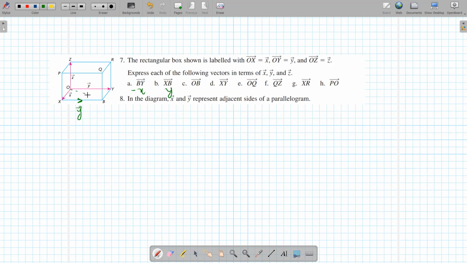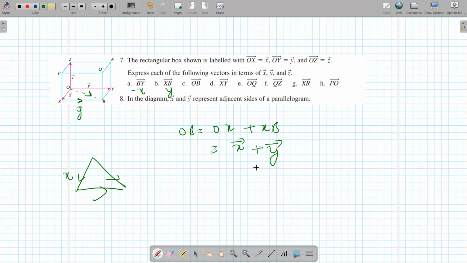So OB would be this here. You have to write it as a combination. Y plus negative X. So OB, this guy here, is going to be this guy plus this guy. It will be X plus Y, because this one is X. OB is equal to OX plus XB. OX is X and XB is Y, right?